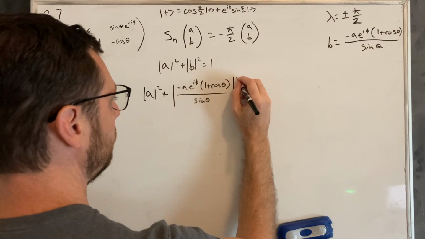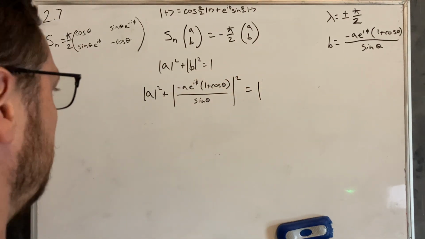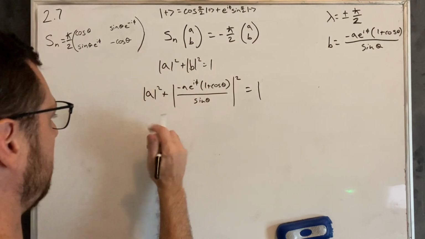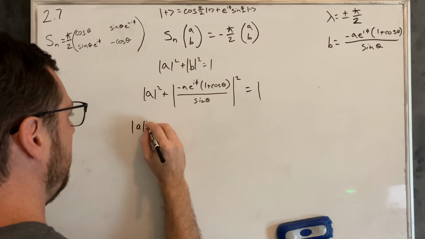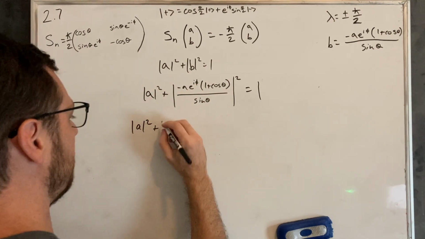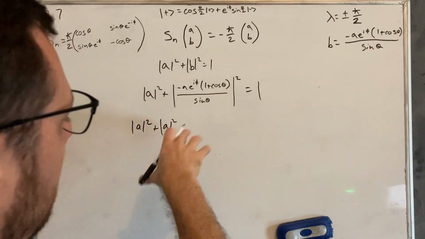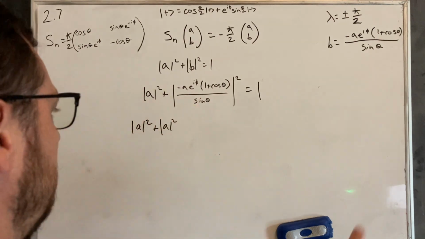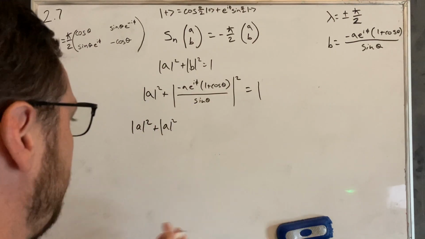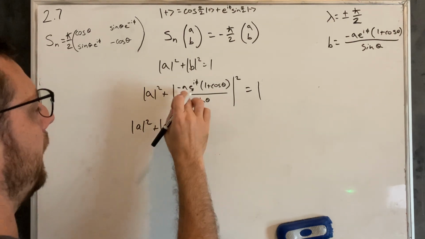And remember to square this, and that's going to equal 1. All right, so let's go ahead and pull a couple things out here. So we still have our a squared from here, plus, and we can pull out that a squared. It is negative, but because it's the magnitude and because it's going to be squared, the negative is going to fall out anyway. So if you want to keep the negative in there, you can, but it doesn't really matter.